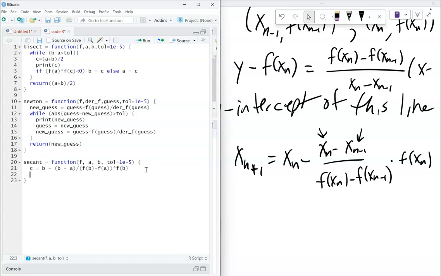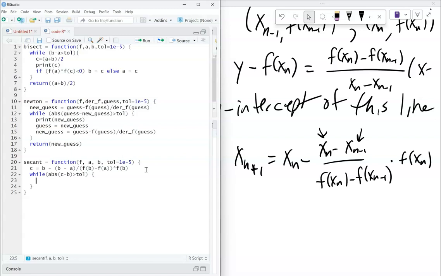Okay. So my condition here will be while the absolute value of C minus B is greater than the tolerance. And notice again, just comparing it with Newton's method, it's exactly what we had typed here, right?